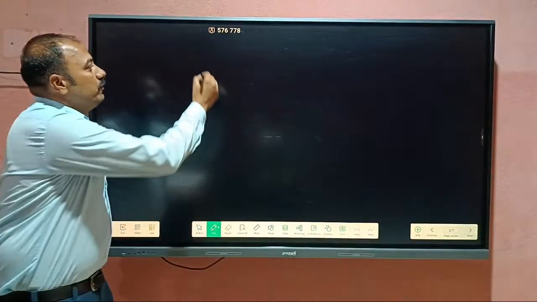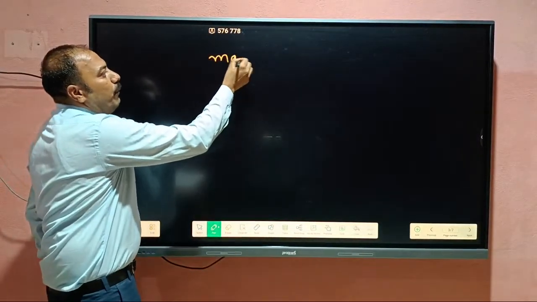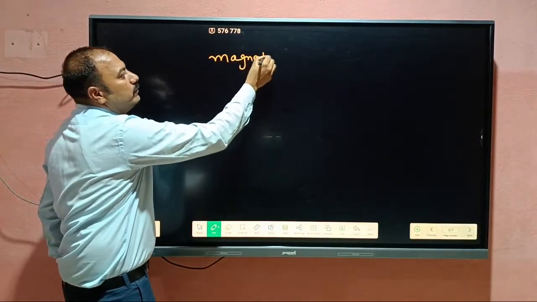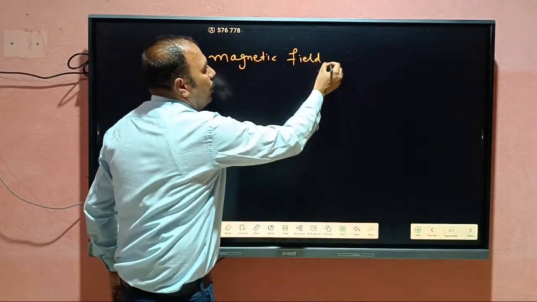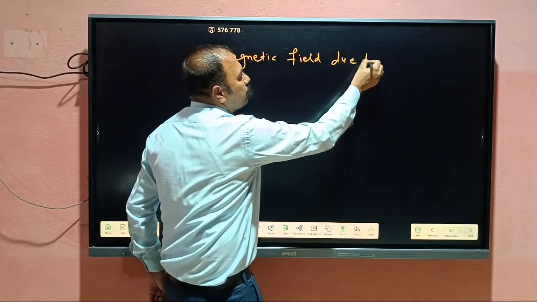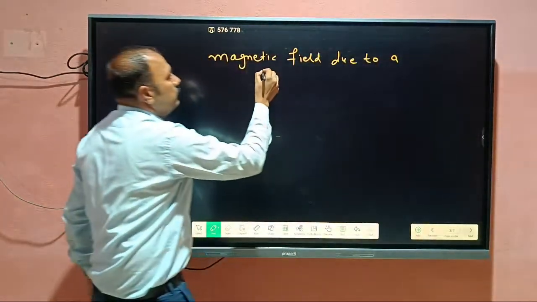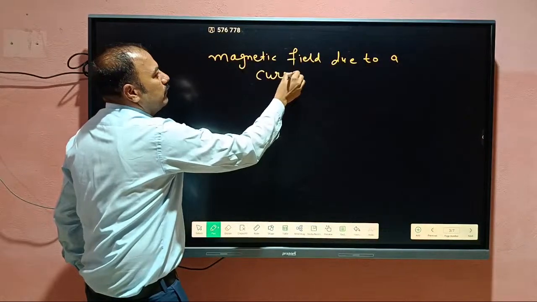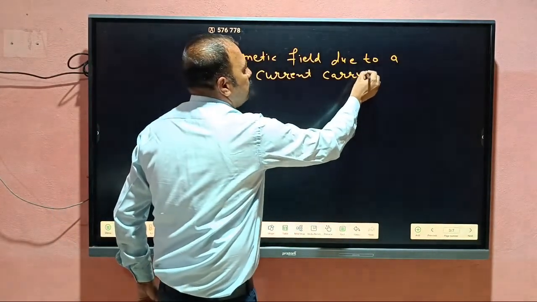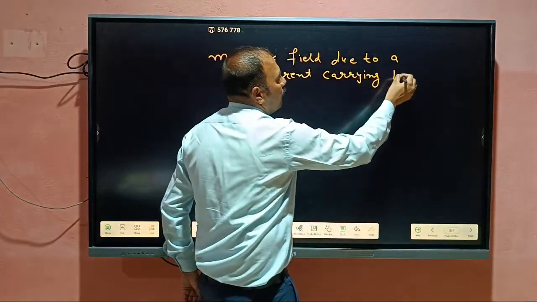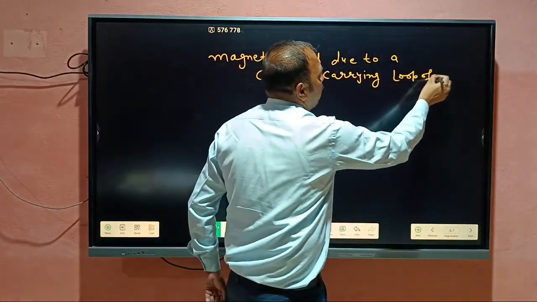So next, what is the magnetic field due to a current carrying loop of wire?